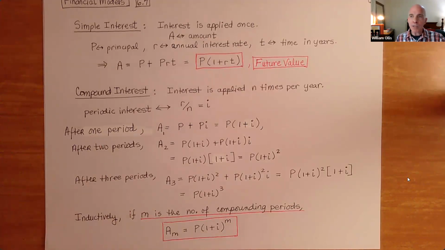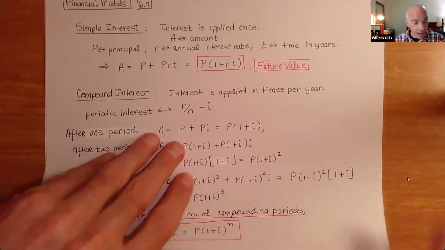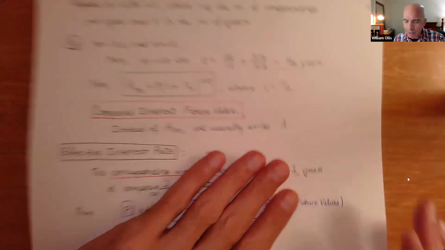So when we say period, we'll think of compounding. So a levying of the interest will apply to 1 period, and that can be called a compounding of the interest.